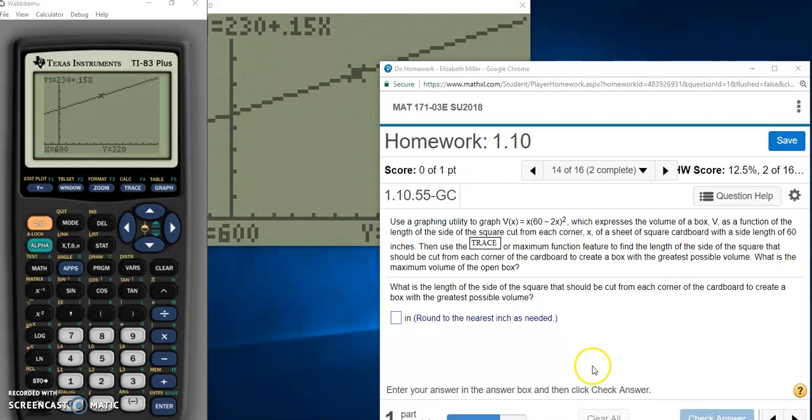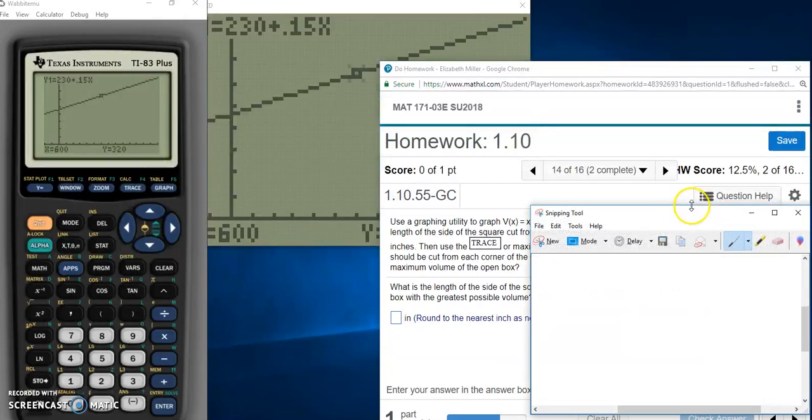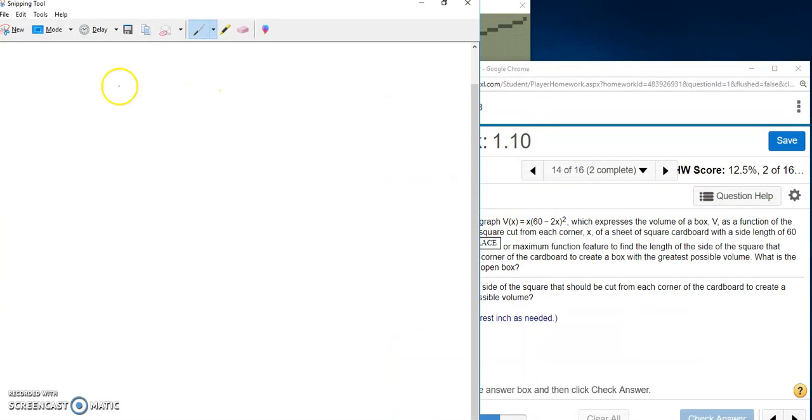So I don't know if you guys have seen a picture for this in one of the other problems. Let me draw you a picture real quick. Basically, they take a square. I'm trying to draw a square. There we go.